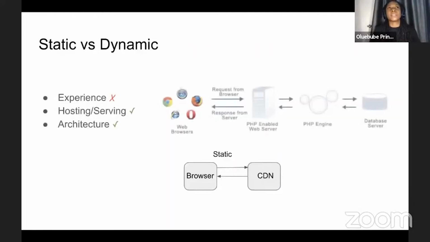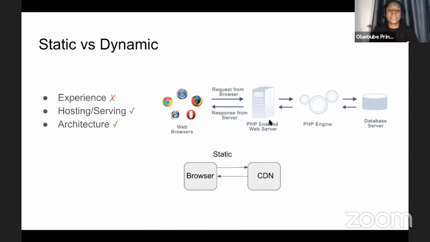Let's look at what a typical request looks like. When I go to my browser and I type www.example.com, what really goes on behind the scenes is that my request goes to a content delivery network that is typically between the web browser and this web server that you see here.